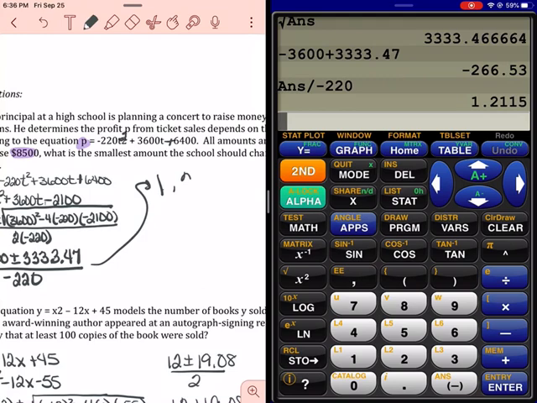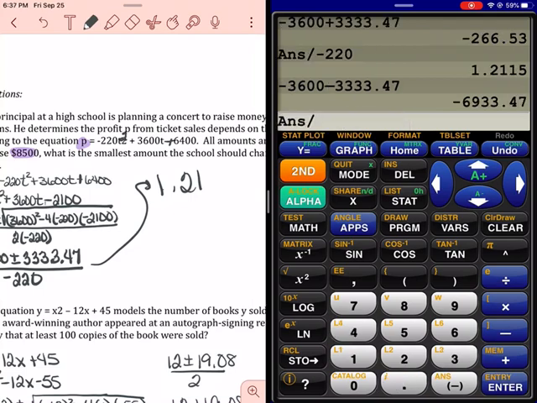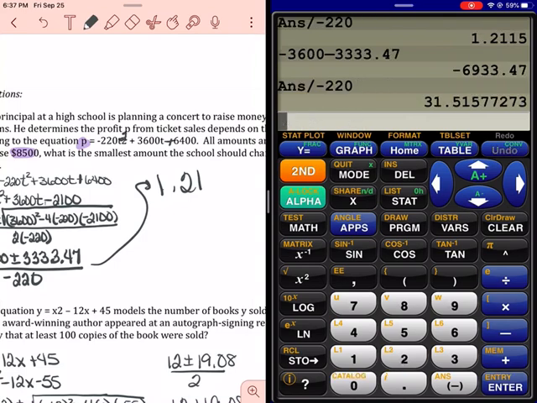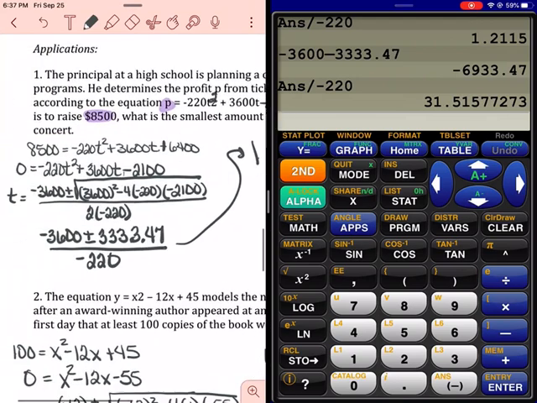Okay, so one of the solutions is $1.21, and then negative 3600 minus 3333.47 divided by negative 220, and, or 420. Why do people not tell me I'm messing up? Yeah, I messed up.